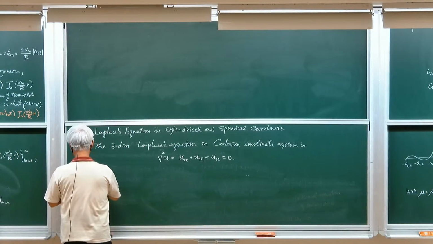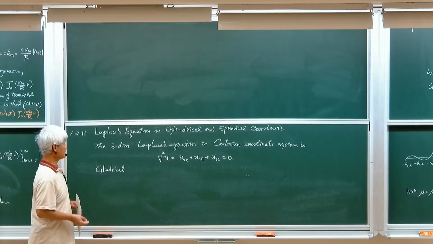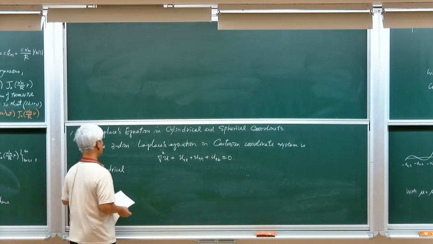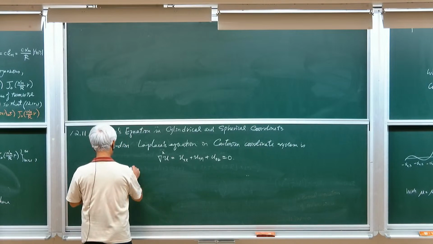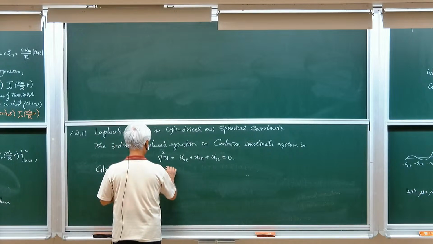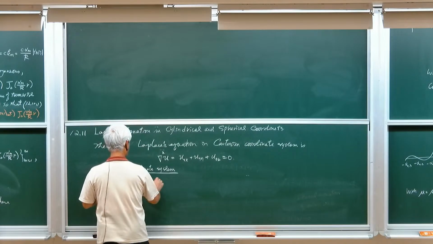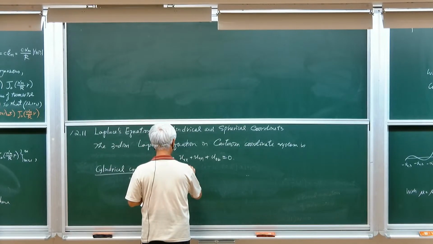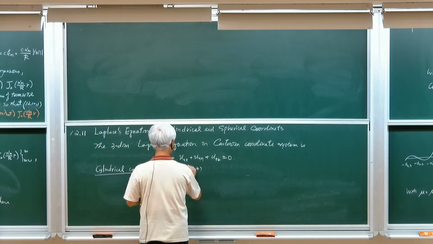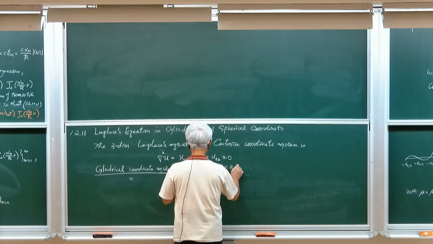So for the first one, I'd like to show what happens if we transform the Laplace equation from the Cartesian coordinate system to the cylindrical coordinate system. For that, the coordinates x, y, z go to r, theta, and z.